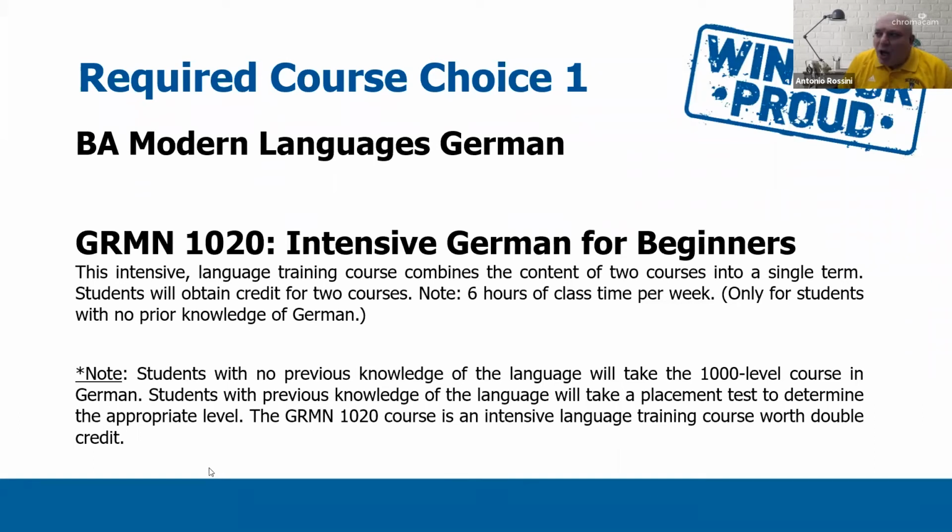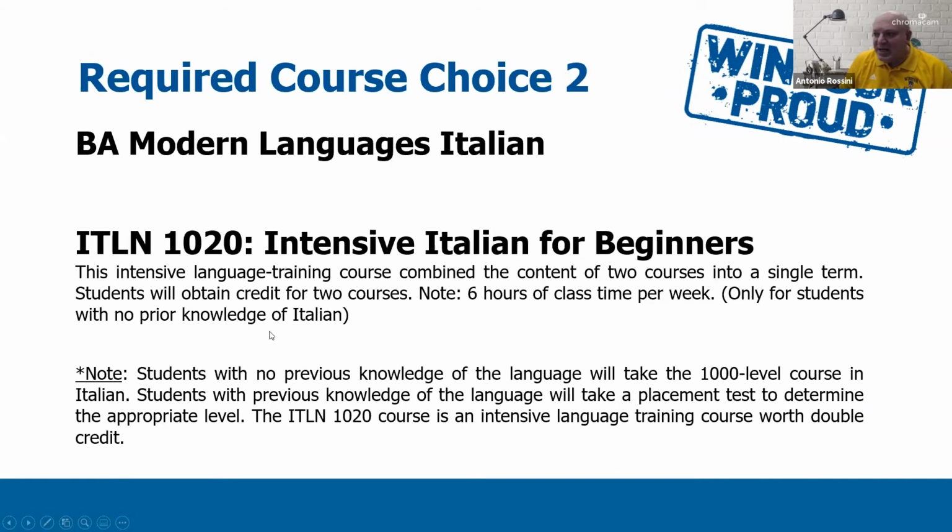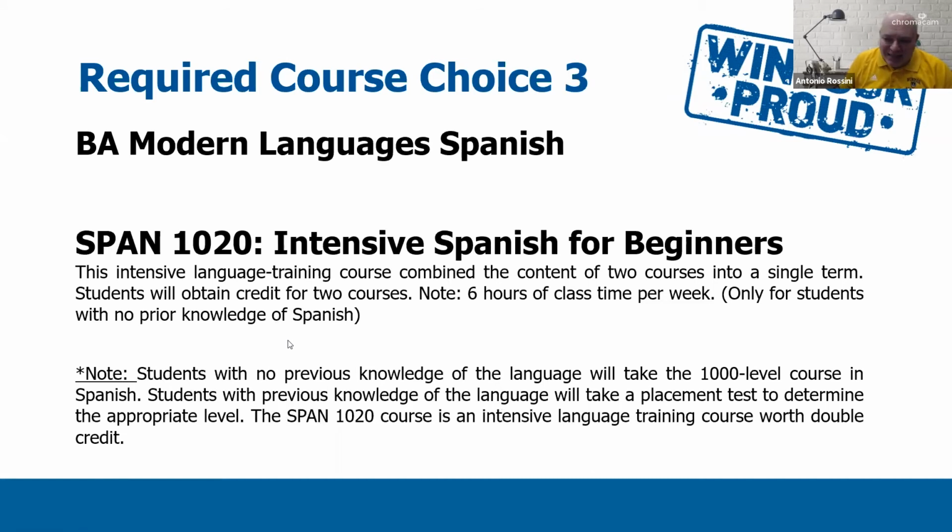Let's take a look now at the intensive training languages. I'm going to show the three of them in a sequence. It's German 1020. The code is GRMN 1020, Intensive German for Beginners. Then there is ITLN 1020, Intensive Italian for Beginners, or Spanish 1020, Intensive Spanish for Beginners.